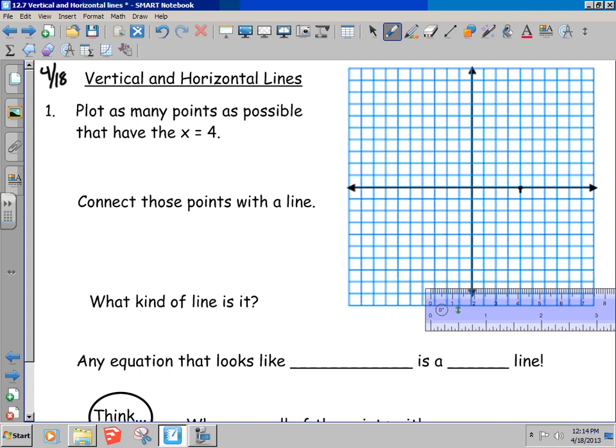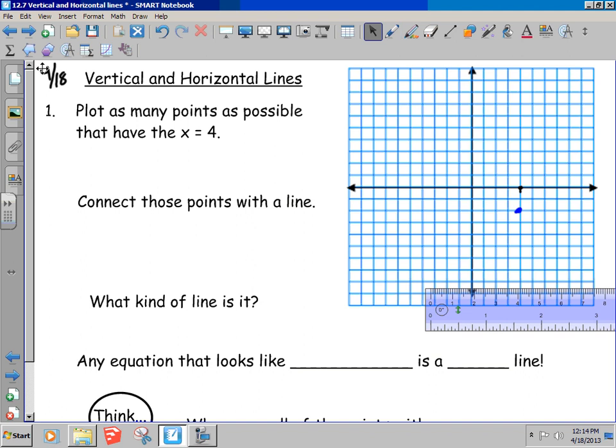Okay, do you all agree that point has an x value equal to 4? Can you think of another point that has an x value equal to 4? Carolyn, put one up. Okay, do you guys all agree that's got x equal to 4?